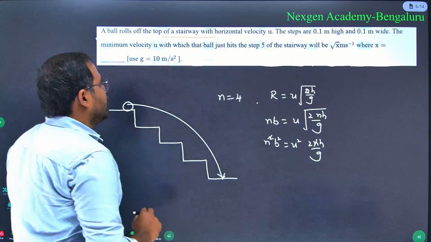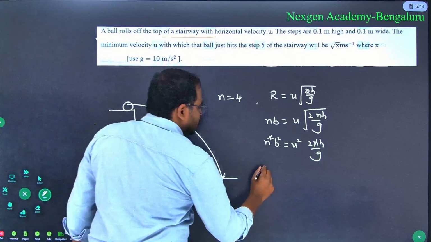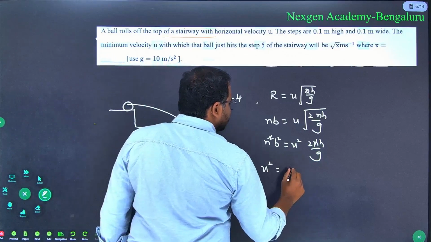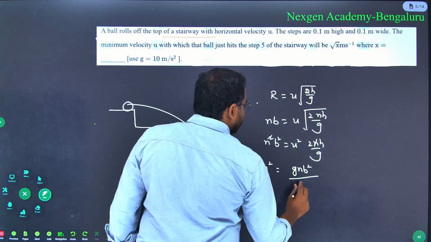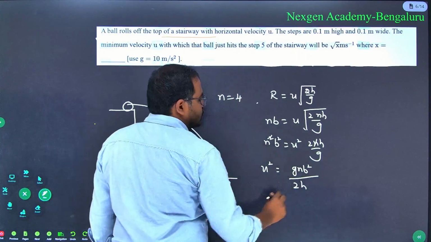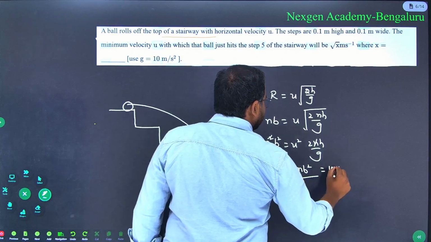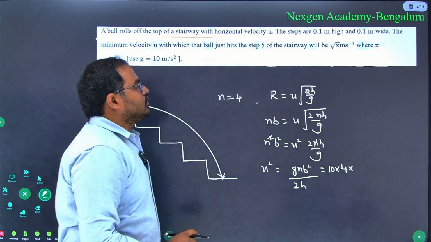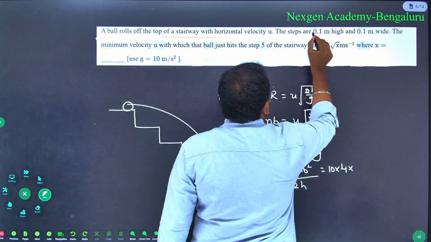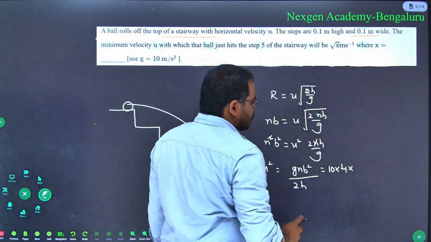We are supposed to find the velocity here. So this u square is equal to g n b square by 2h. This is equal to g value 10. This n is equal to 4. B square, this b value is equal to 0.1 here, means 10 to the power minus 1 you can write.